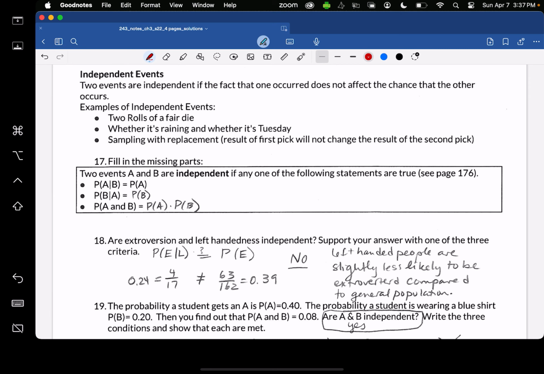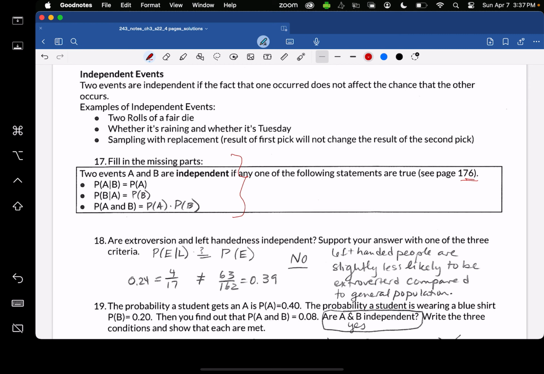Now this is something to put in your notes, and maybe you'll understand it more intuitively later. Two events are independent if any one of the following statements are true. I don't know if that's still page 176; that might be an outdated reference that I need to fix. P of A given B is P of A. It's like the probability that it's Tuesday given that it's raining is the same as the probability that it's Tuesday.